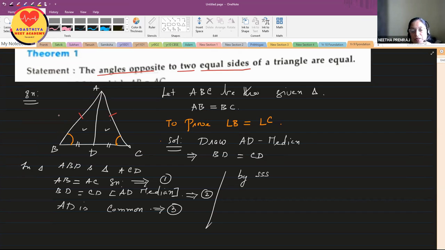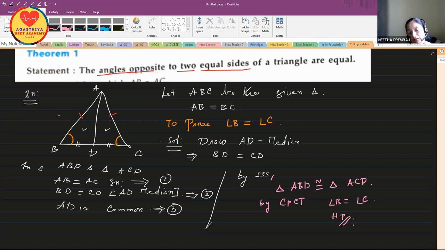So you can say by SSS, triangle ABD is congruent to triangle ACD. So you could say what? By CPCT, angle B is equal to angle C. Hence proved. That's it. Okay, guys.